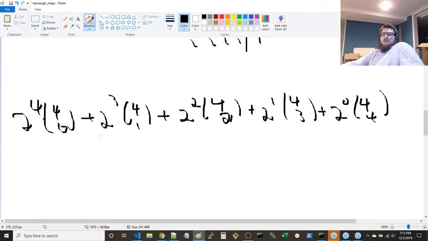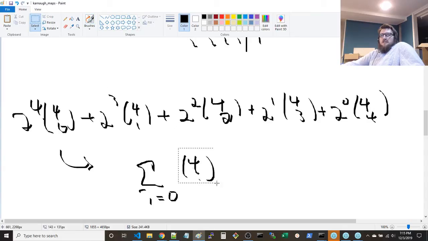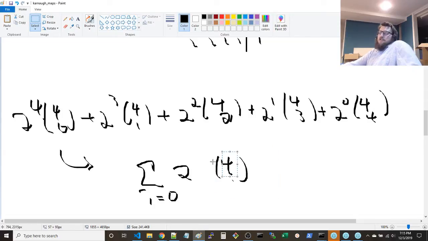These are the different groupings to consider, which could be rewritten as the summation of I equals 0 to 4 of 4 choose I times 2 raised to some function of I. You can kind of see where I'm going with this. I'll call this n: 2 to the n minus I times n choose I.